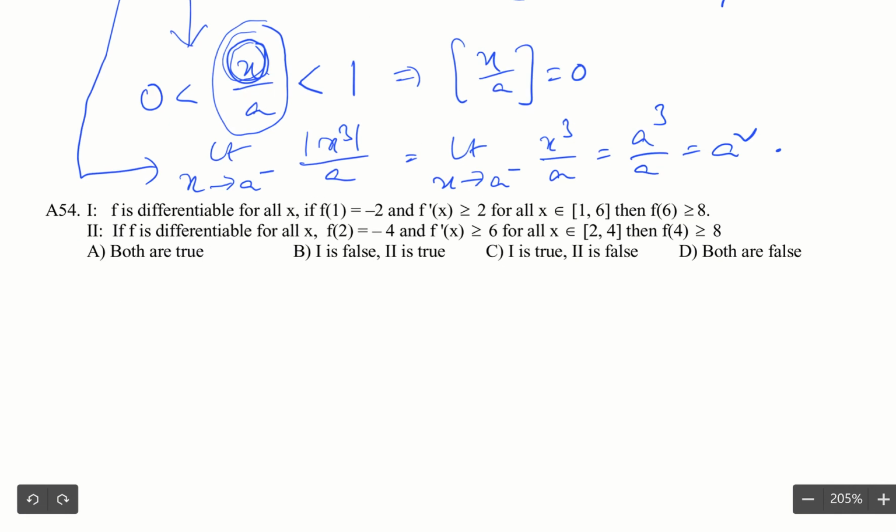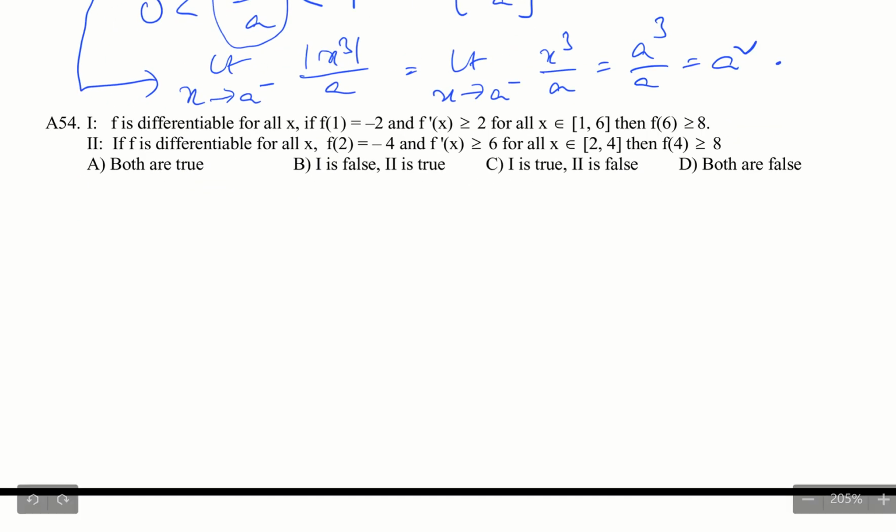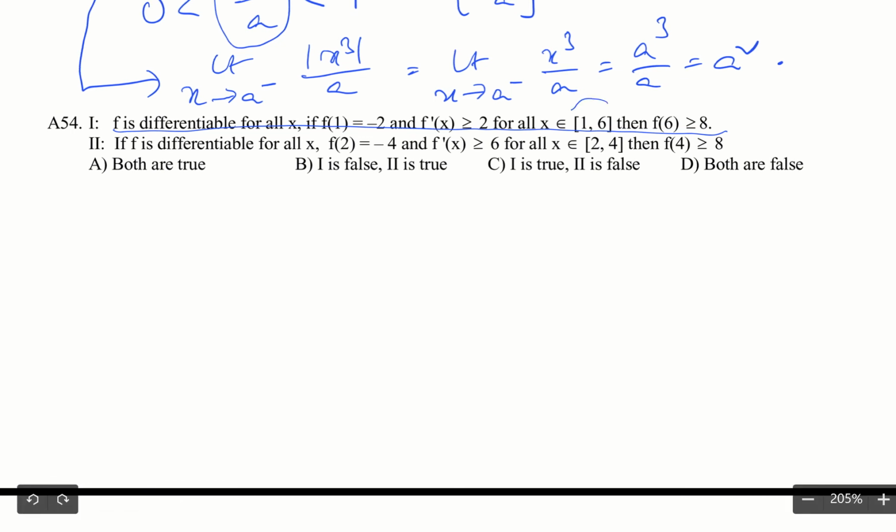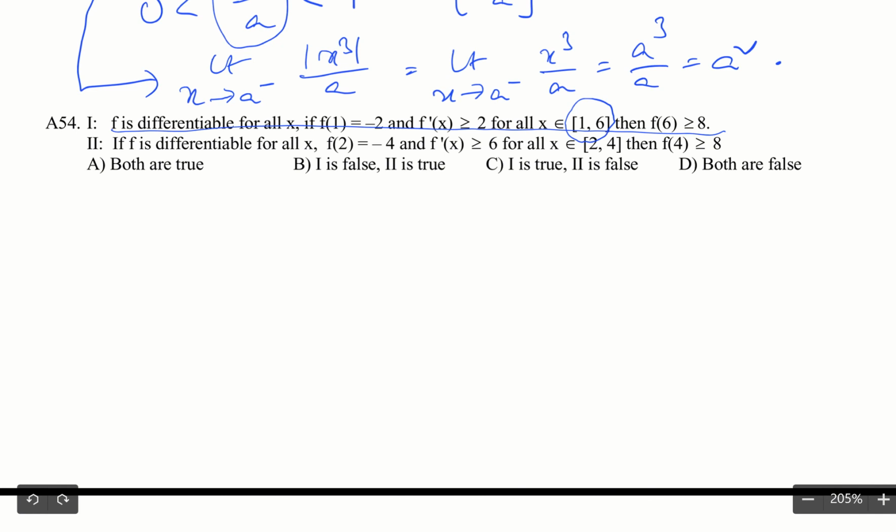Okay. Now in this 54th problem, observe that it satisfies the hypothesis of Lagrange's mean value theorem. So using Lagrange's mean value theorem on the interval [1, 6], there exists some c. Here let's call it x instead of calling it c. So I have f'(x) = (f(6) - f(1))/(6 - 1).